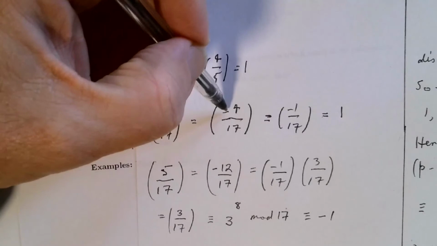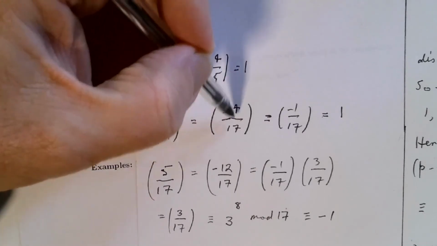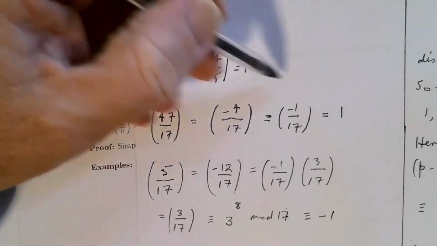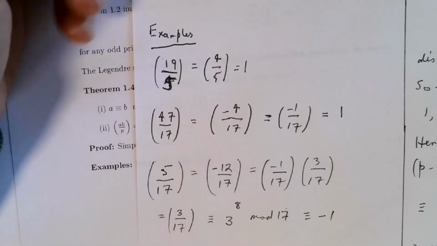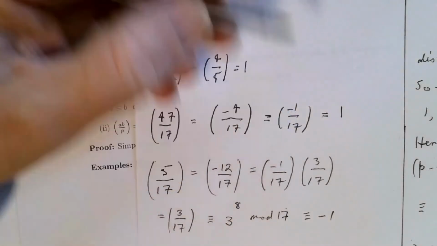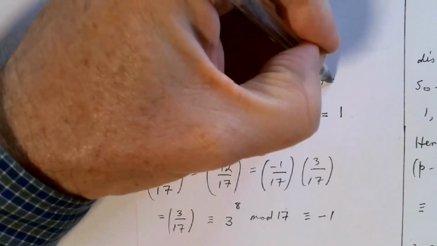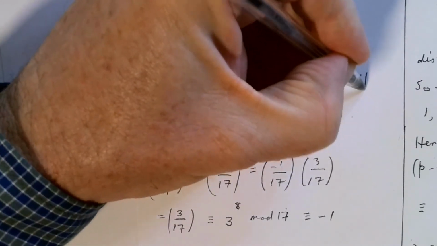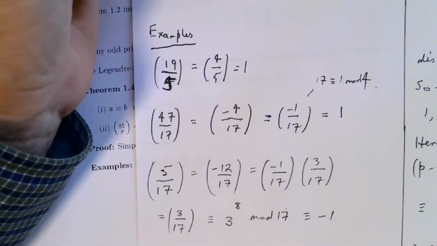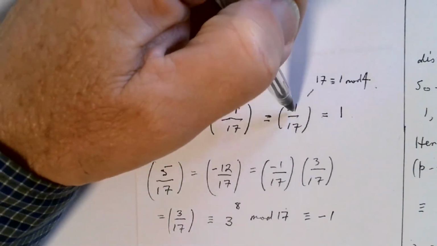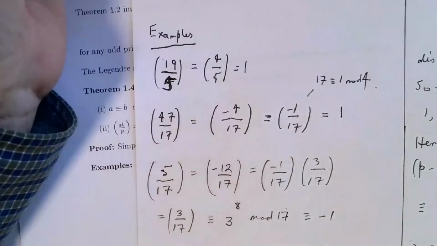I can split this into minus 1 over 17 and 4 over 17, and 4 over 17 is a square, so that Legendre symbol is just 1, and I'm just left with minus 1 over 17. Note here that 17 is congruent to 1 modulo 4, and we know that for primes that are 1 mod 4, minus 1 is a square, and so the Legendre symbol there is 1.